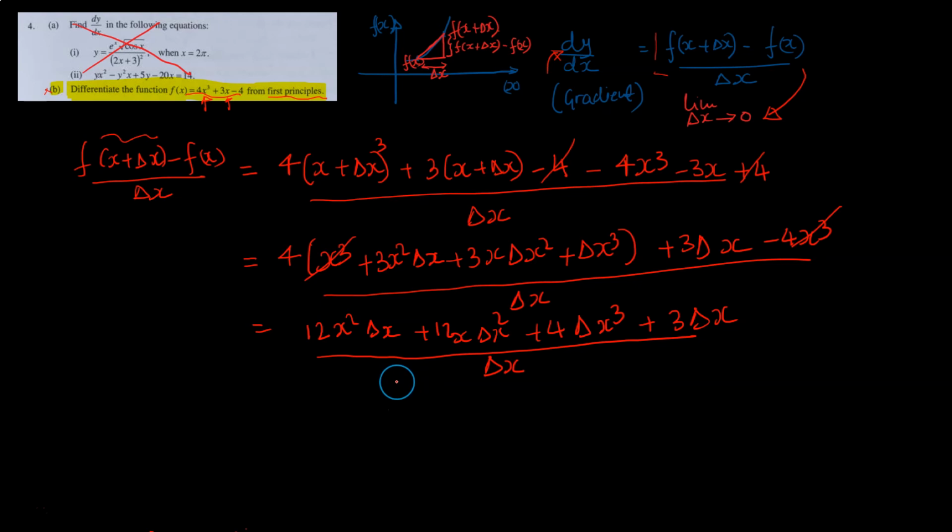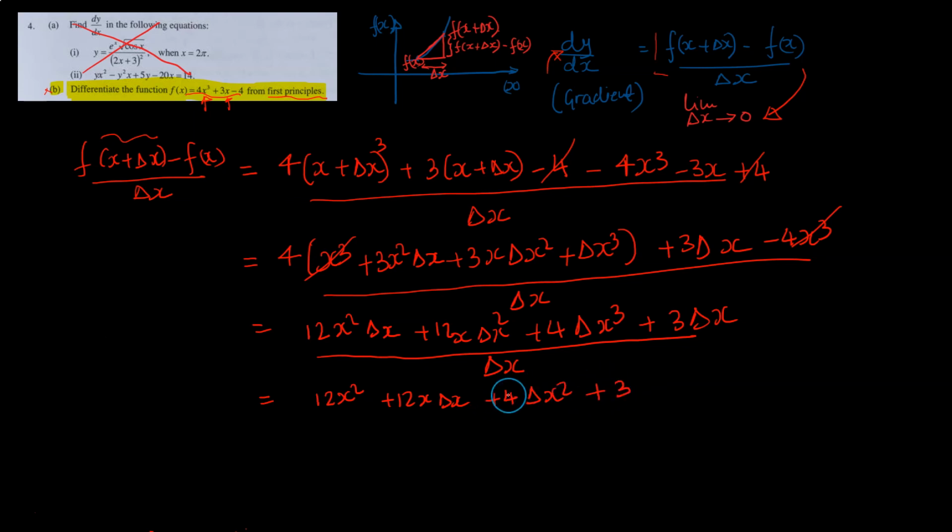Okay, now we need to divide by delta x. What do we get? Well, if we divide by delta x here, we just have 12x squared. If we divide by delta x here, then we have plus 12x delta x. If we divide here, then we have plus 4 delta x squared, and 3 delta x divided by delta x, we get plus just 3.